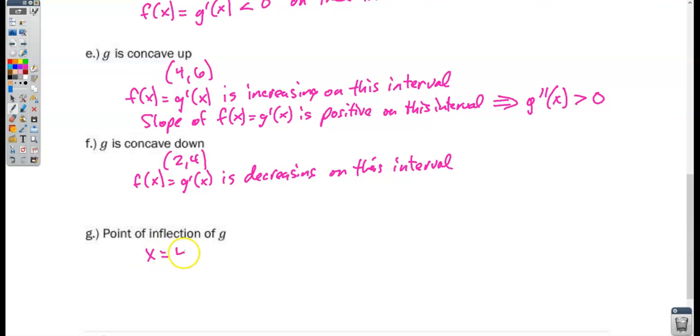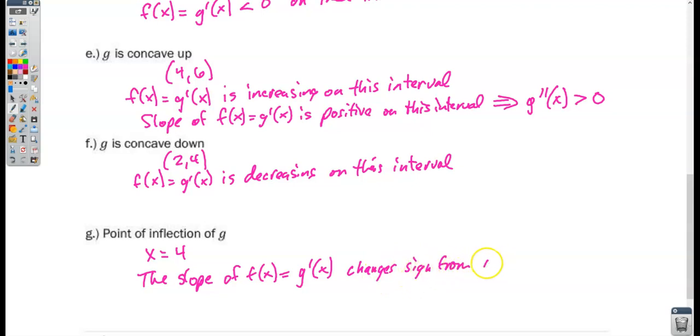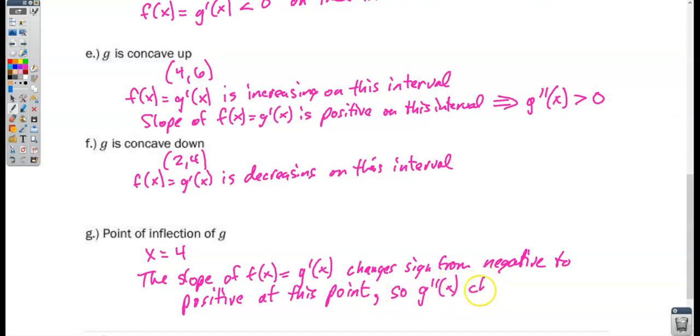And one way that I can say this is the slope of f of x, which equals g prime of x, changes sign from negative to positive at this point. So g double prime of x changes sign at this value.